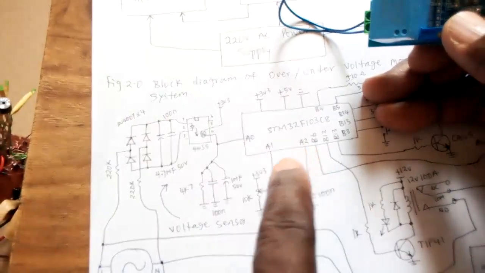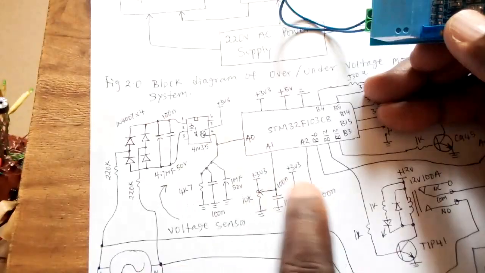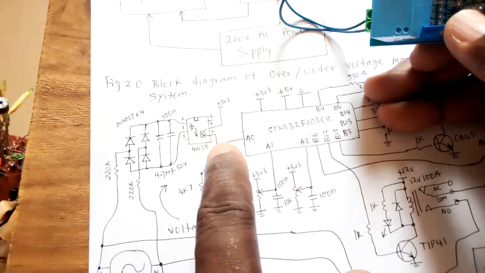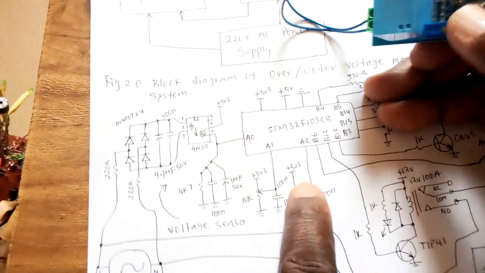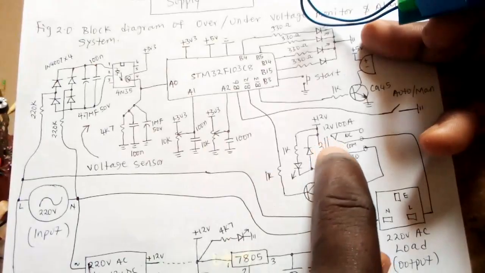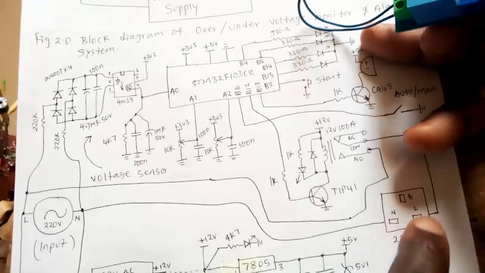You understand? So the microcontroller is comparing this with these two levels. As long as this input level is between the high and the low, the relay will be turned on. The switch will come this way, the relay will come on, and voltage will flow to your load.